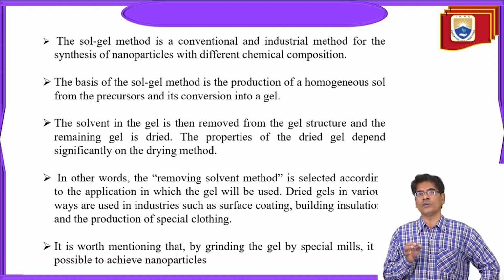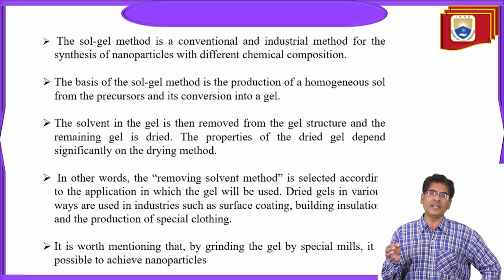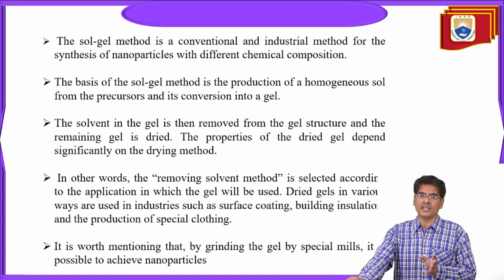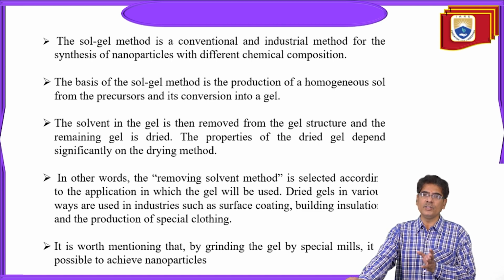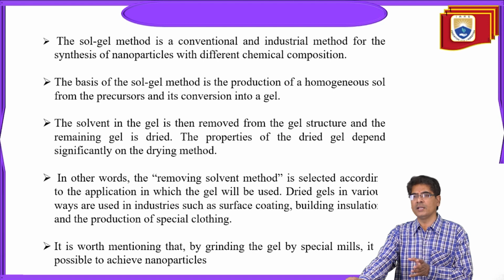The solvent is then removed from the gel structure and the remaining gel is dried. So the properties of the dried gel depend significantly on the drying method. In other words, the solvent removal method is selected according to the application in which the gel will be used. Dried gels in various forms are used in industries such as surface coating, building insulation, and production of special clothing.